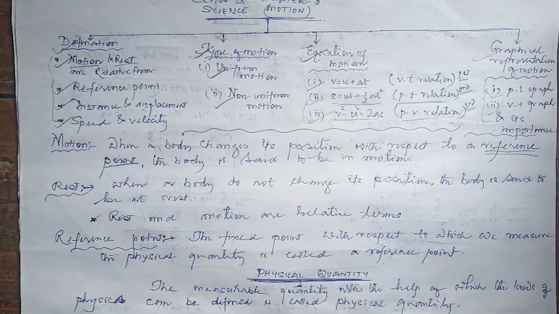That means to describe the position of the car, you used the bank as a reference point. Now the car is away from the bank, so we can say the car has moved. So when a body changes its position with respect to a reference point, we say the body is in motion. So that's what we mean by motion.